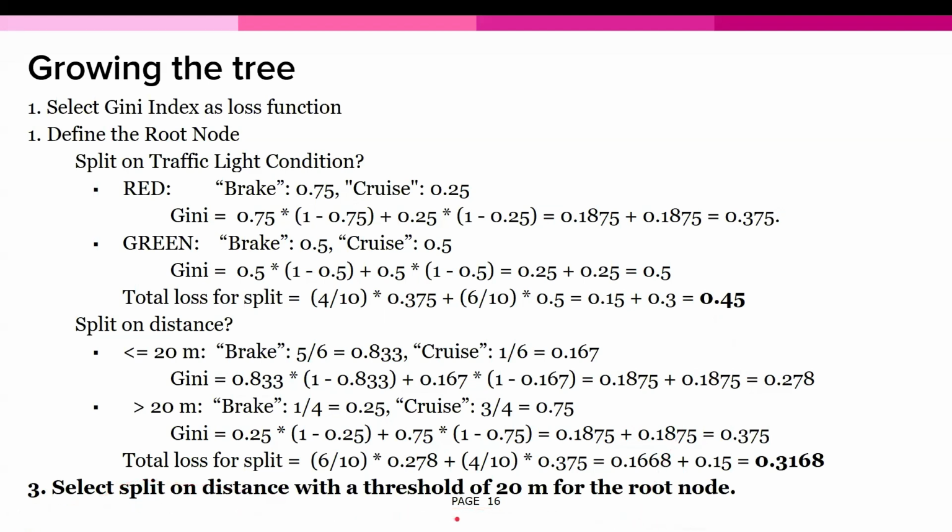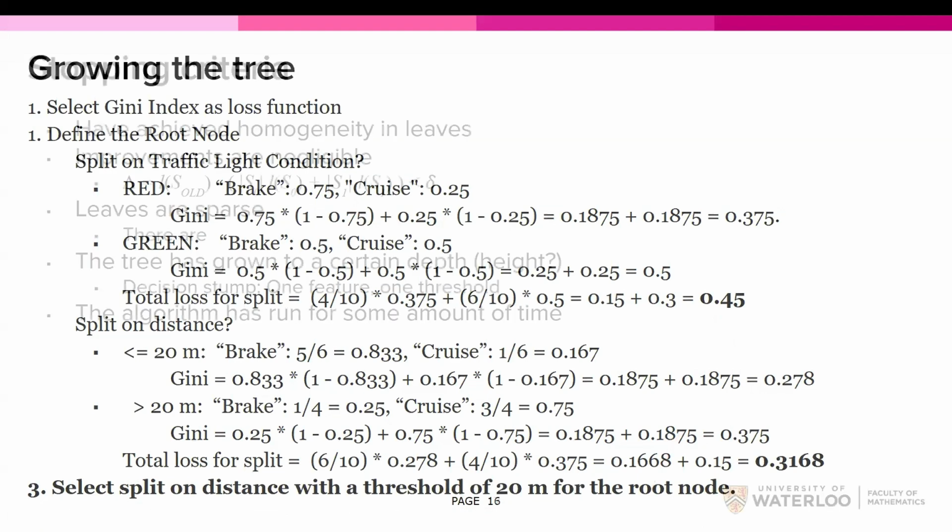Definitely splitting on the distance. What we're not sure of is whether 20 meters is the best possible threshold. But I think that's enough for you to get the idea that this is how learning a decision tree works.